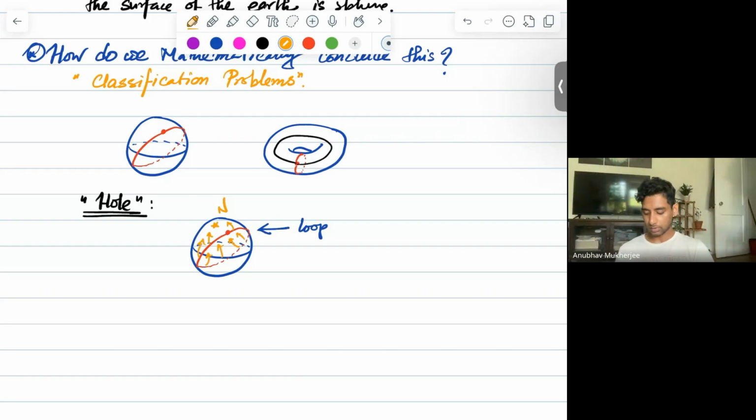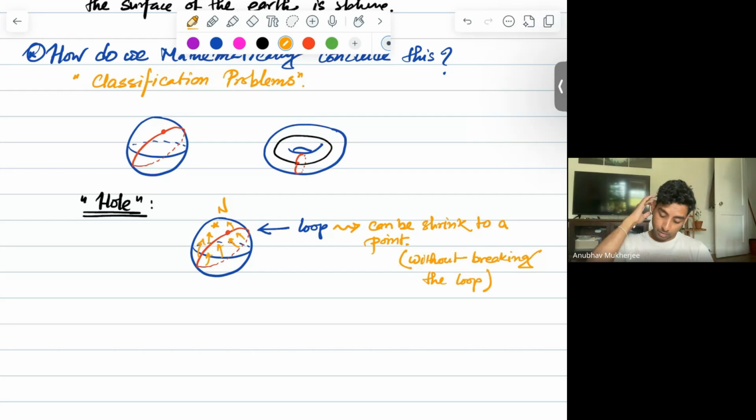And if I do so, then this loop can be shrunk to a point, right? And the interesting part is that it can be shrunk without breaking the loop.